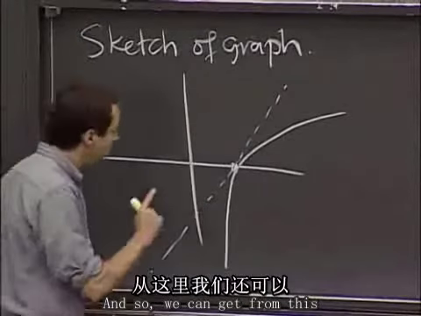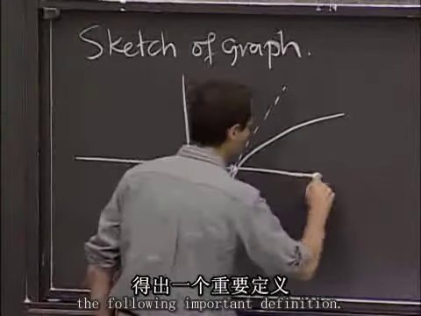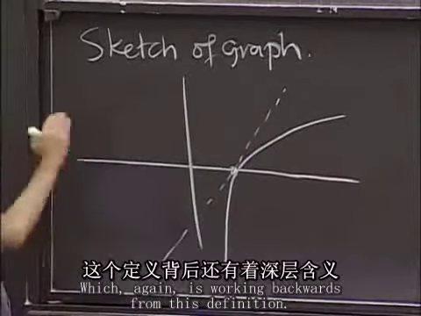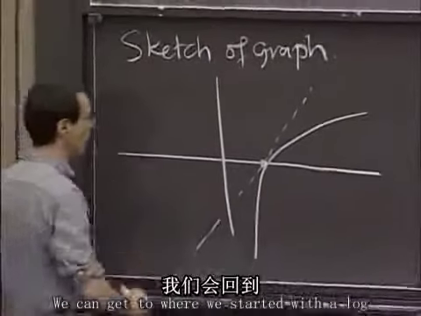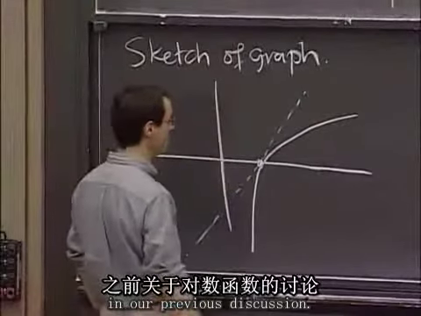And so we can get from this the following important definition, which again is working backwards from this definition. We can get to where we started with the log in our previous discussion.